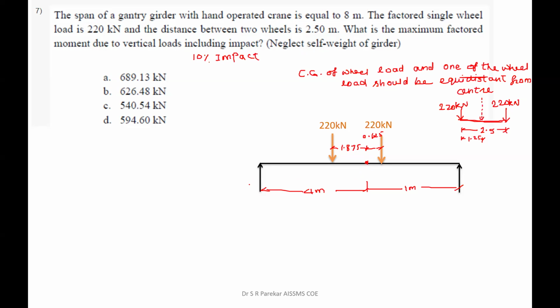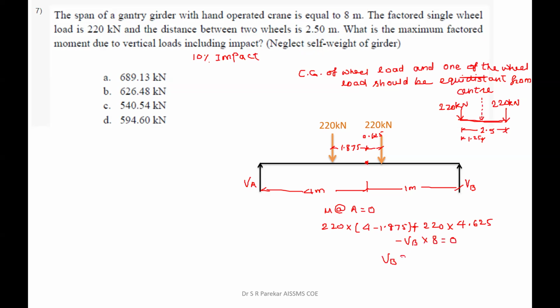So now let us find this value. This is VB and this is VA. Taking moment about A equal to 0, we have 220 into (4 minus 1.875) plus 220 into 4.625 minus VB into 8 equal to 0.